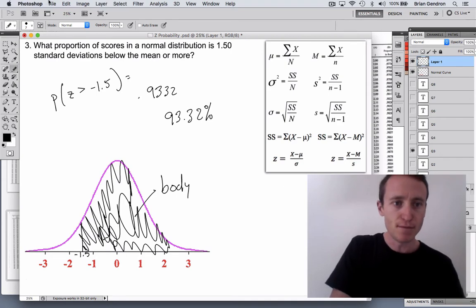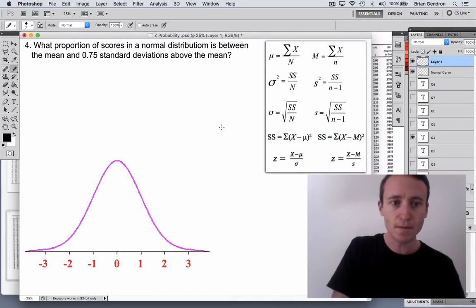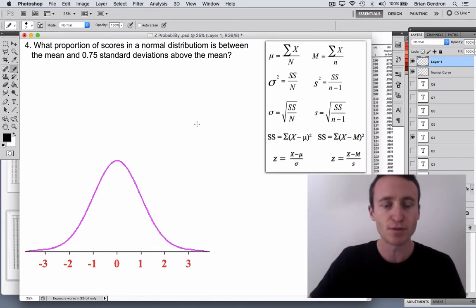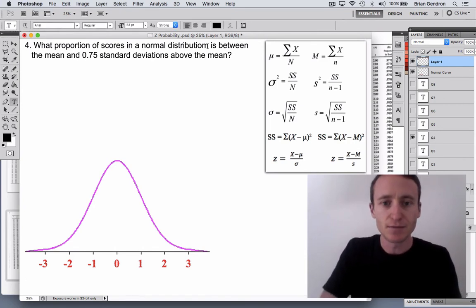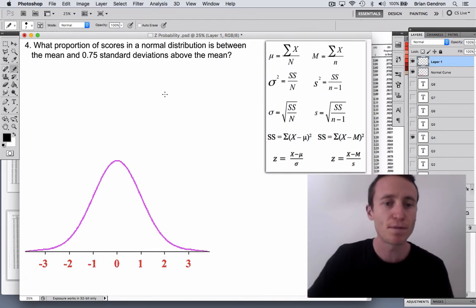Okay, moving along, I'm going to erase this and go back to this. So a new question. What proportion of scores in a normal distribution, that's a typo, let's fix that. What proportion of scores in a normal distribution is between the mean and 0.75 standard deviations above the mean?